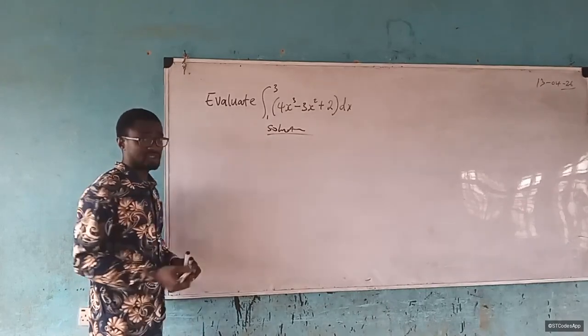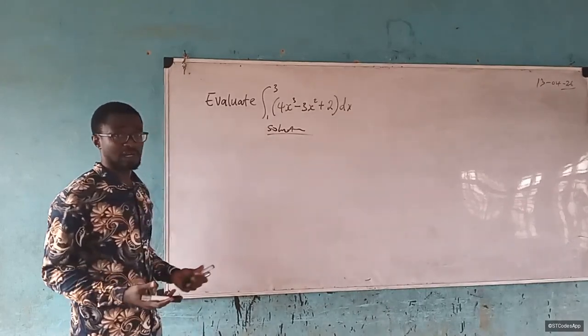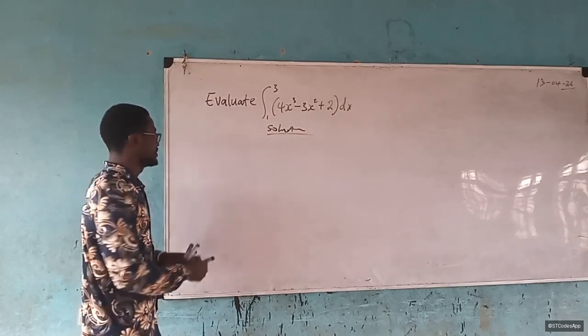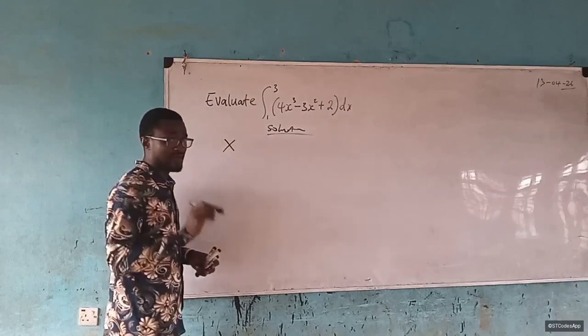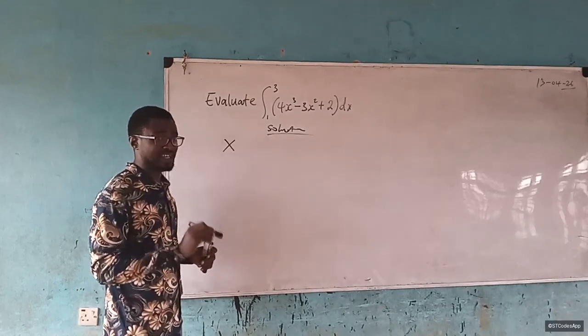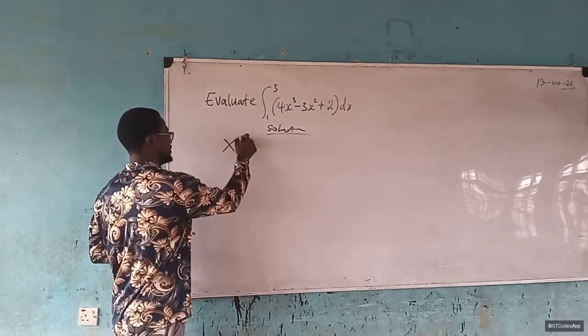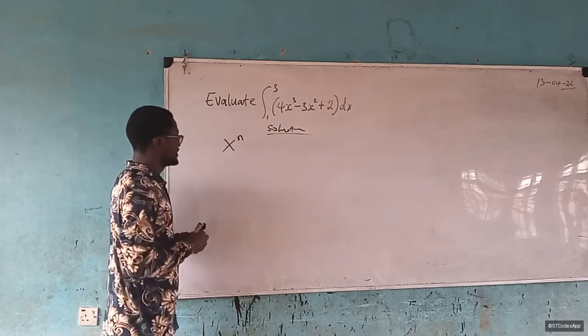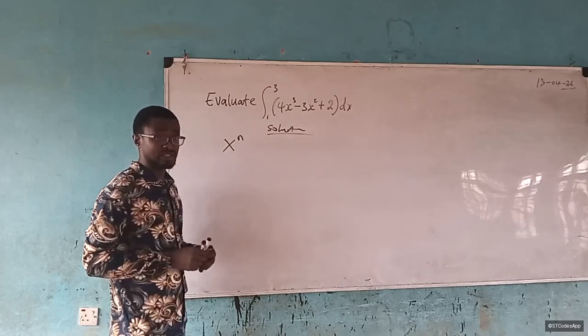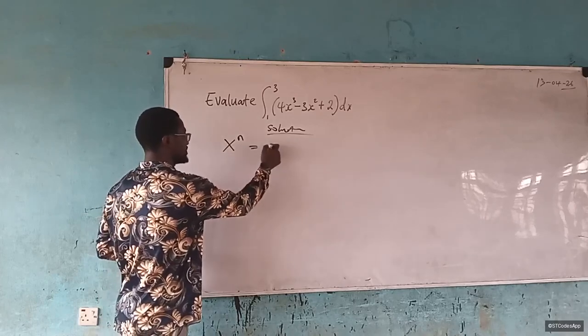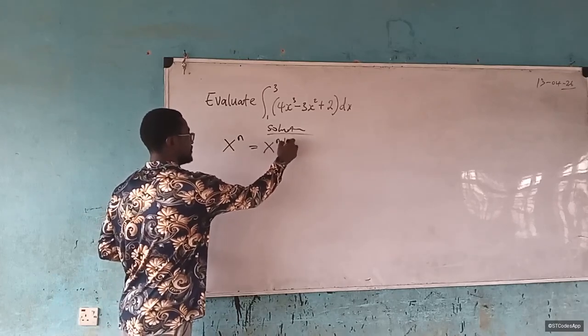I would like to refresh our memory on the formula for integration. Let's say you are given x with an exponent, index or power of n. If you are to integrate this, it immediately becomes x to the power of n plus 1.